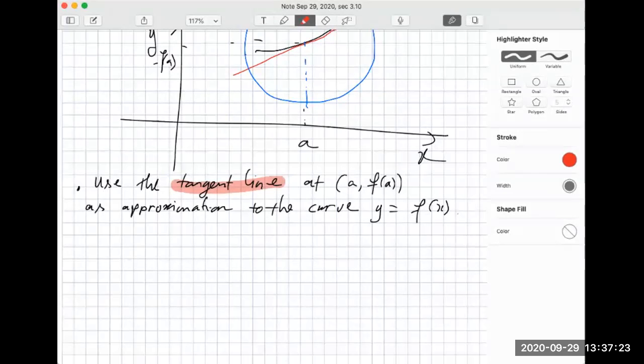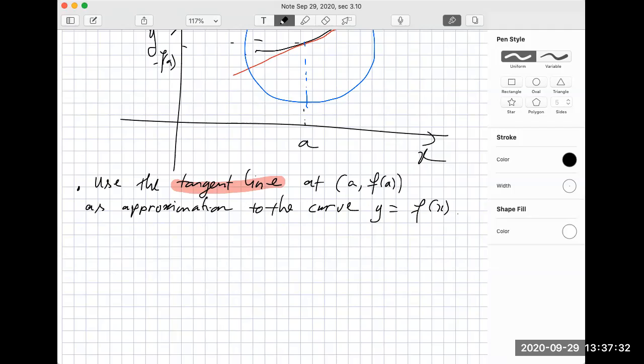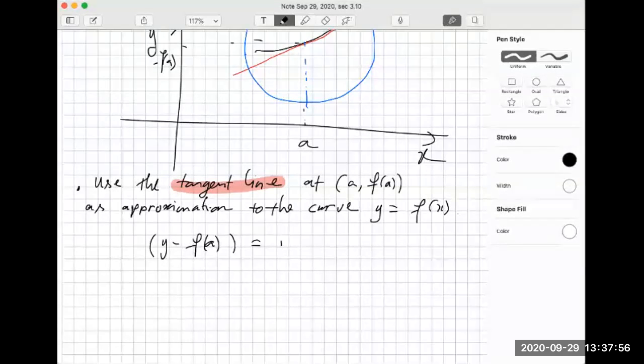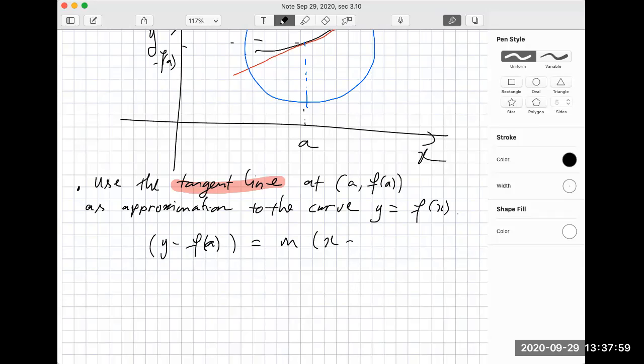So what is the equation of the tangent line at the point a, f(a)? It is y minus f(a) equal to m times x minus a.